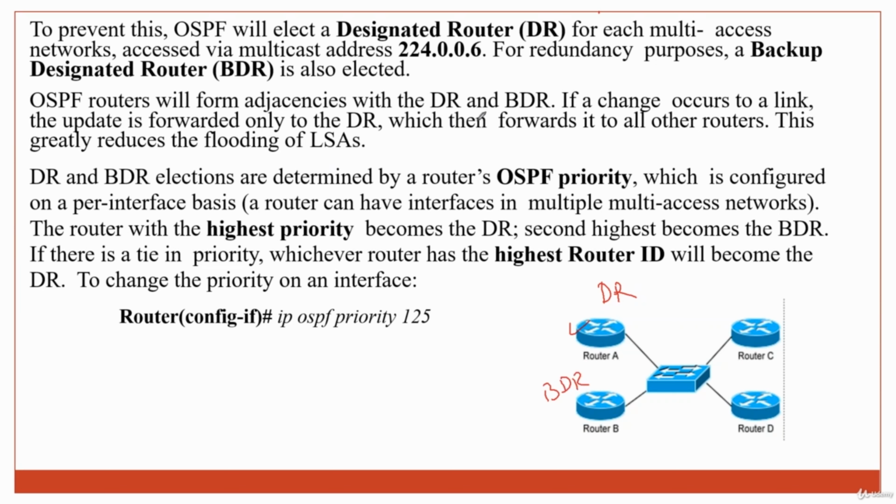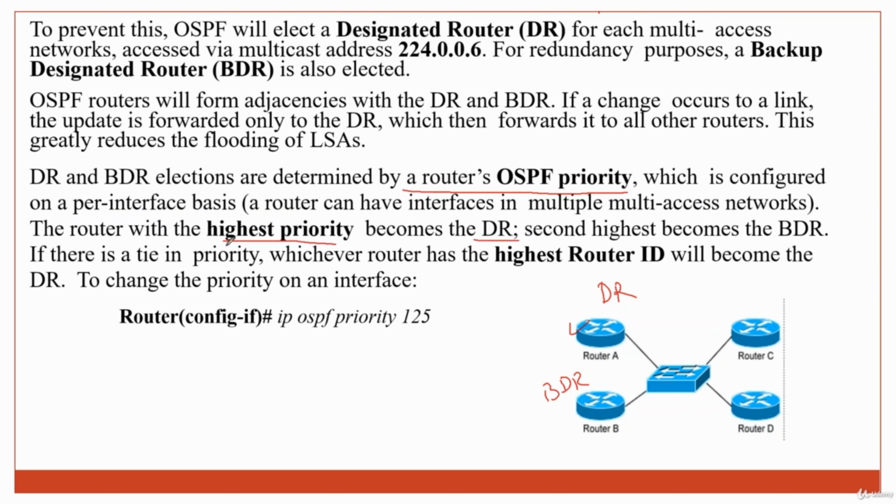Now, what will be the selection criteria? The DR/BDR selection is determined by the router's priority, which is configured on a per-interface basis. The router with the highest priority becomes the DR, the second highest becomes the BDR, and the rest are DR-others.